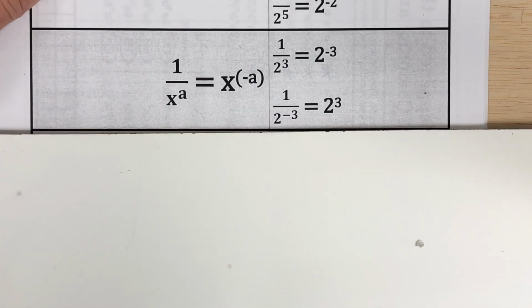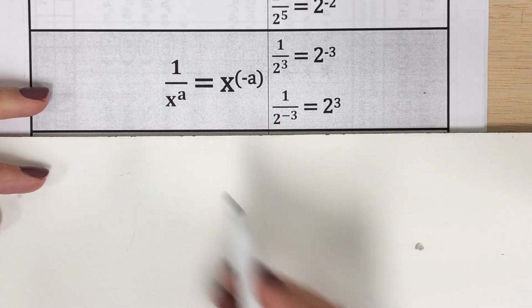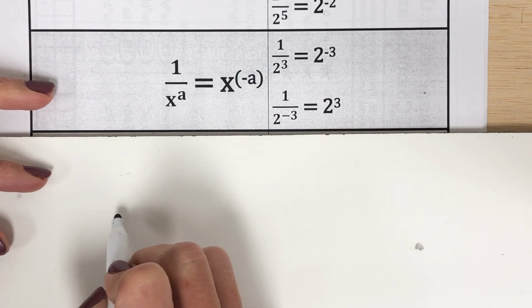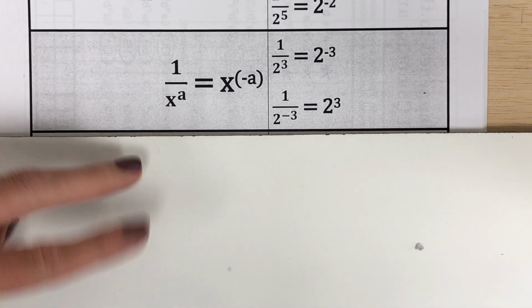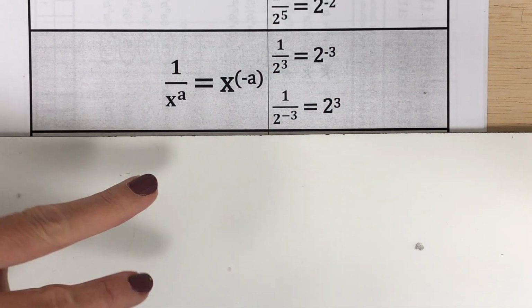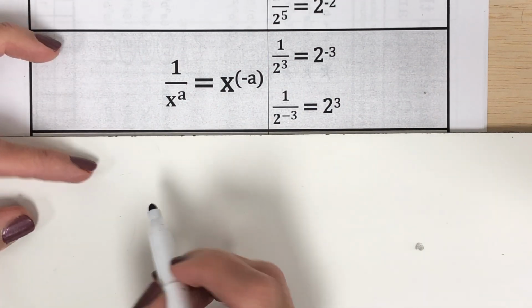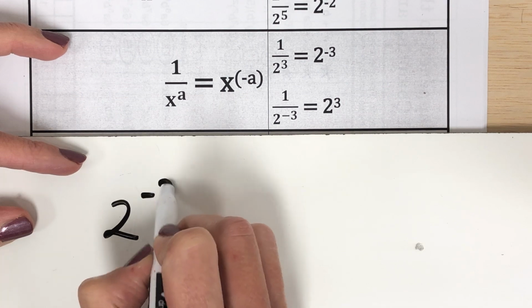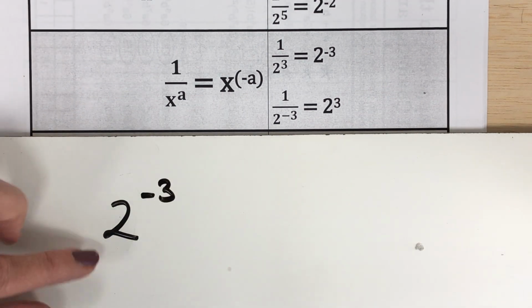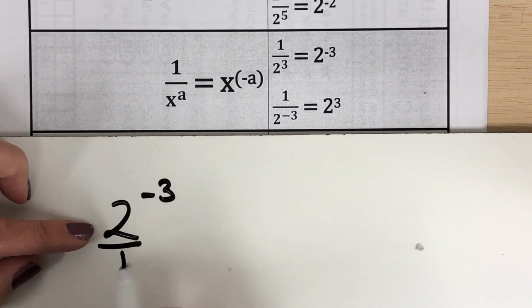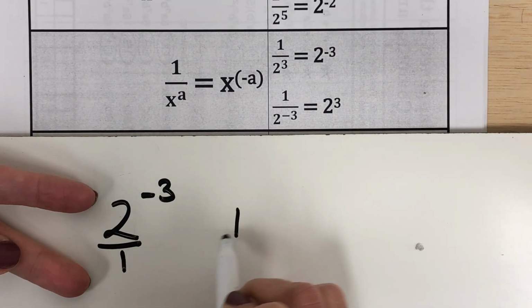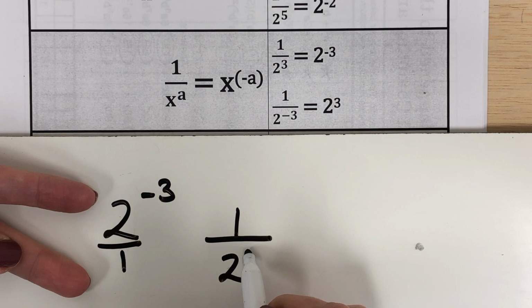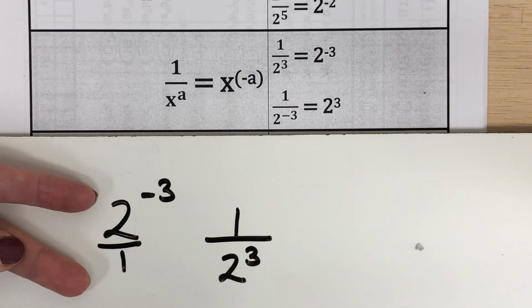And here we go, our negative exponent rule. If you have a negative exponent, basically it flips it from numerator to denominator or denominator to numerator. So if I have 2 to the negative 3rd power, this is technically over 1. All this does is switch this, so now I have 1 over 2 to the positive 3rd.